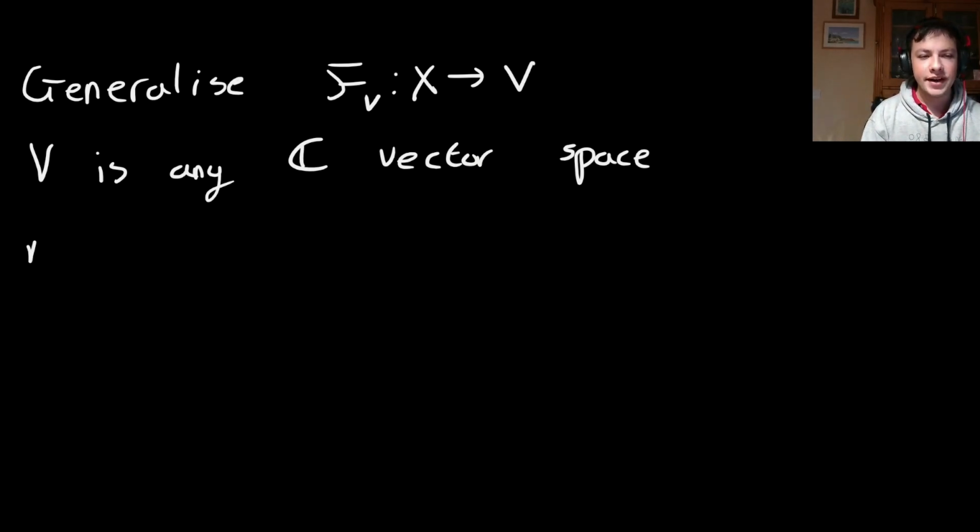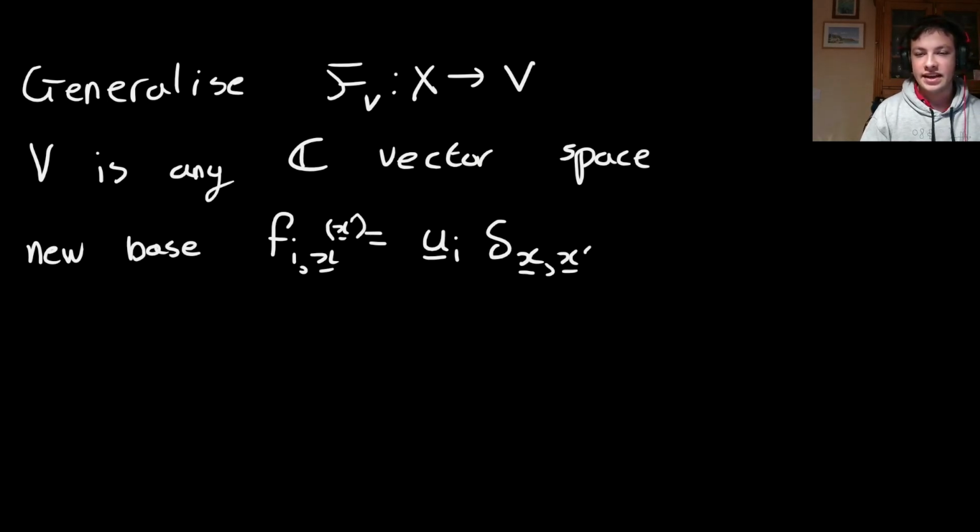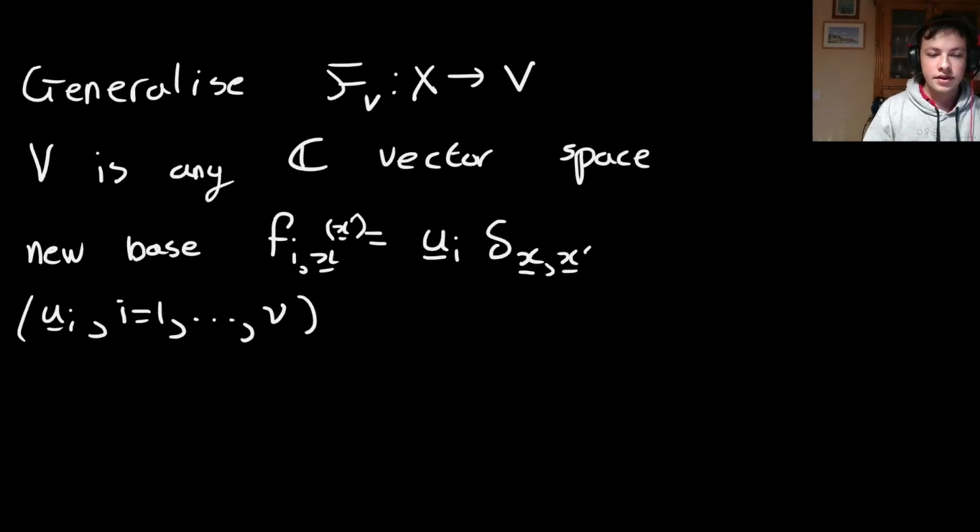We just get new bases, f_i(x), which is going to be u_i delta(x primed). This is evaluated at x primed. And here u_i, where i goes from 1 up to some number, we'll call it ν, is a basis of our new vector space V.